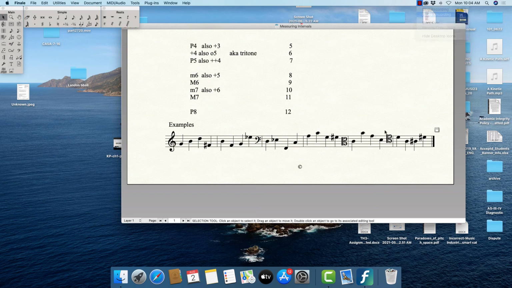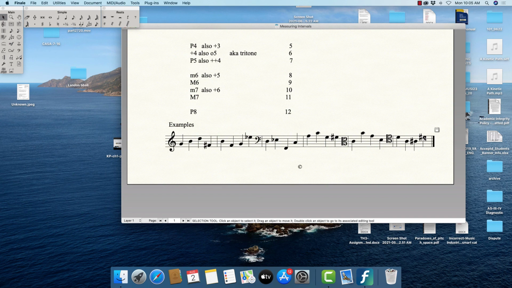All right, on this last one, we have the tenor clef. So that's a C, so this is a D, and this is an A. Right here, A to A sharp, that's easy. That's an augmented unison. And then this one is going to be some type of 4th: 1, 2, 3, 4.